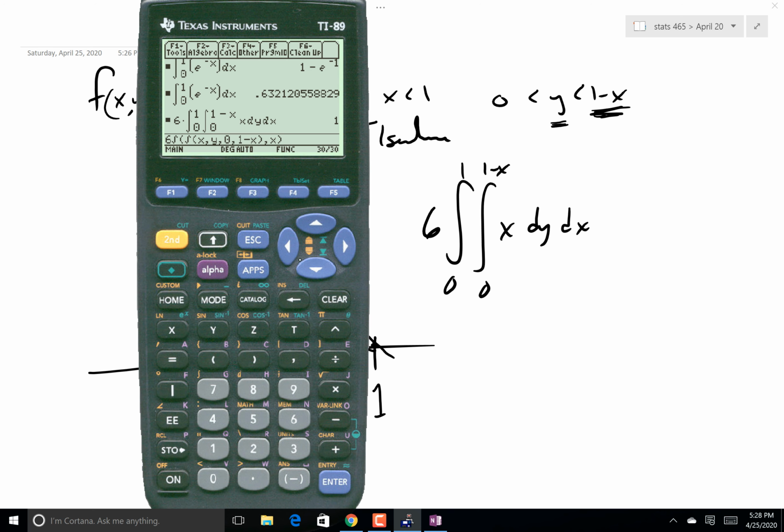So if I integrate with respect to y, and just integrate the y's out of this thing, I get that thing. And if I integrate with respect to x, I get that thing.